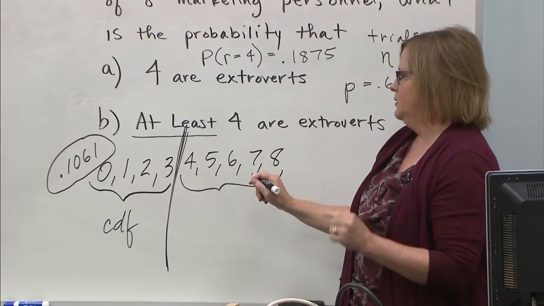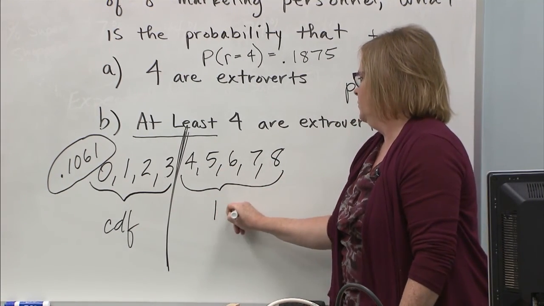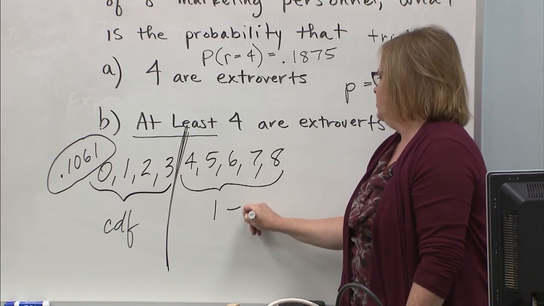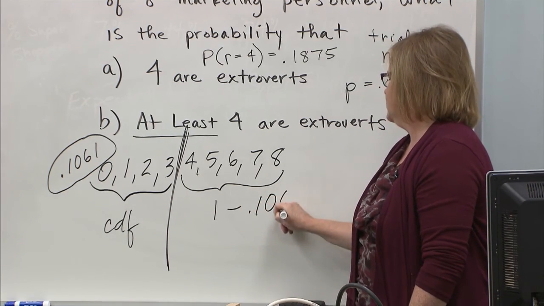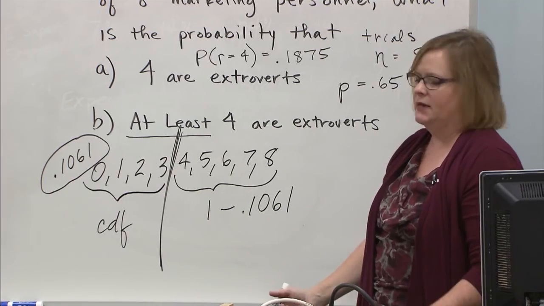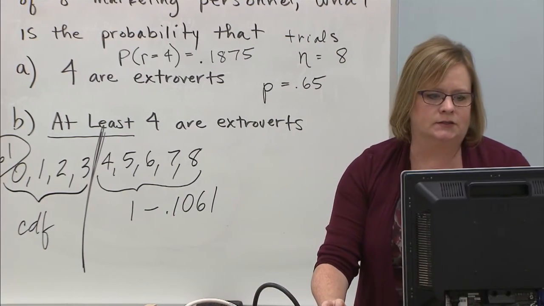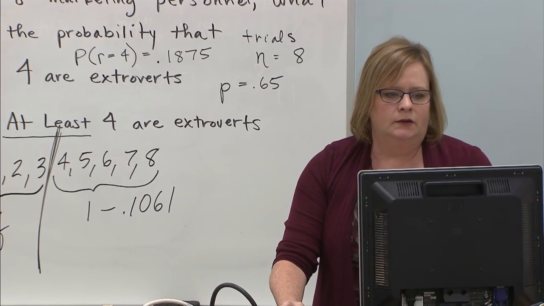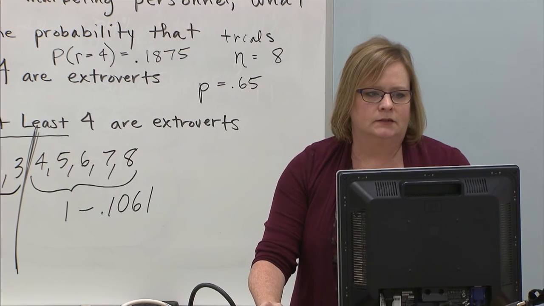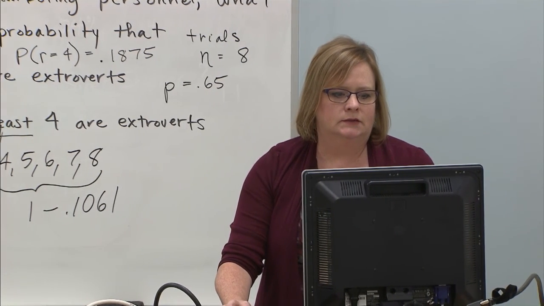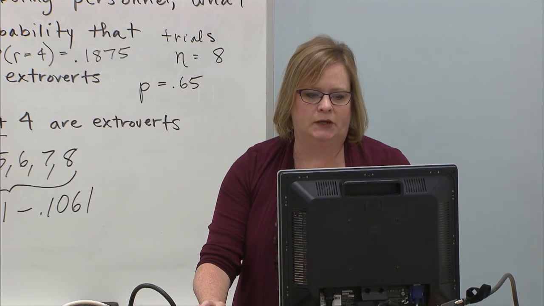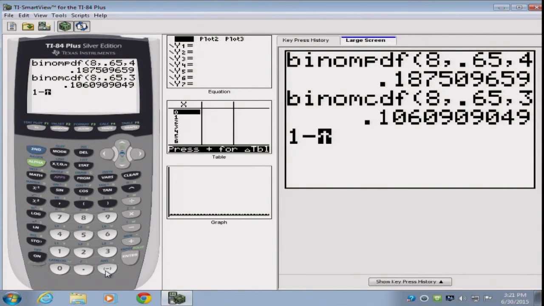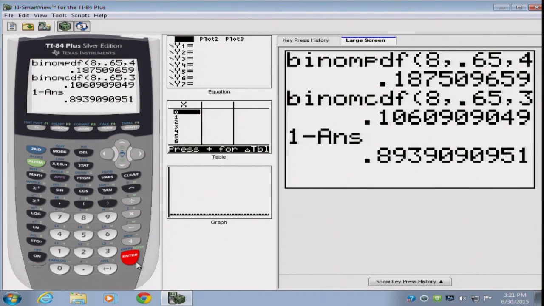Well, that's just one extra thing I need to do, right? 1 minus 0.1061. Or sometimes what I'll do on the calculator is 1 minus second, and then answer. Answer is behind your little negative sign there. And there it is. So I'll have 0.8939.